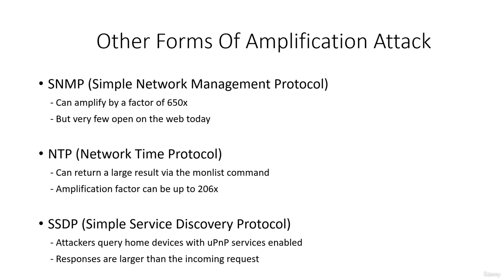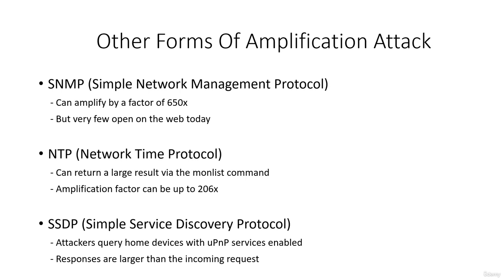So a few other ways that a DDoS can be amplified. One is SNMP, the Simple Network Management Protocol, and in fact we have seen SNMP used to great effect in the past.